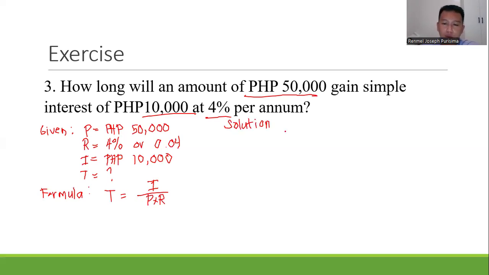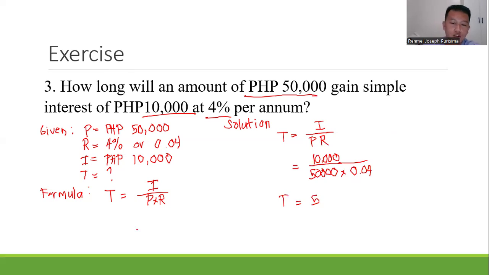We need to substitute the values to the formula. T is equal to 10,000 divided by P times R, where P is 50,000 times 0.04. Using a calculator, that would lead us to 5. So our time is 5.